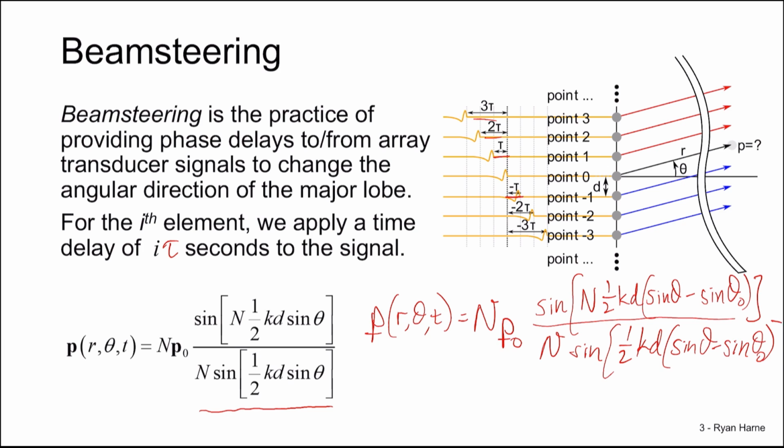Theta naught is the angular tuning due to the phase delay, and it's computed according to C times the time delay tau divided by d, where tau is the time delay.